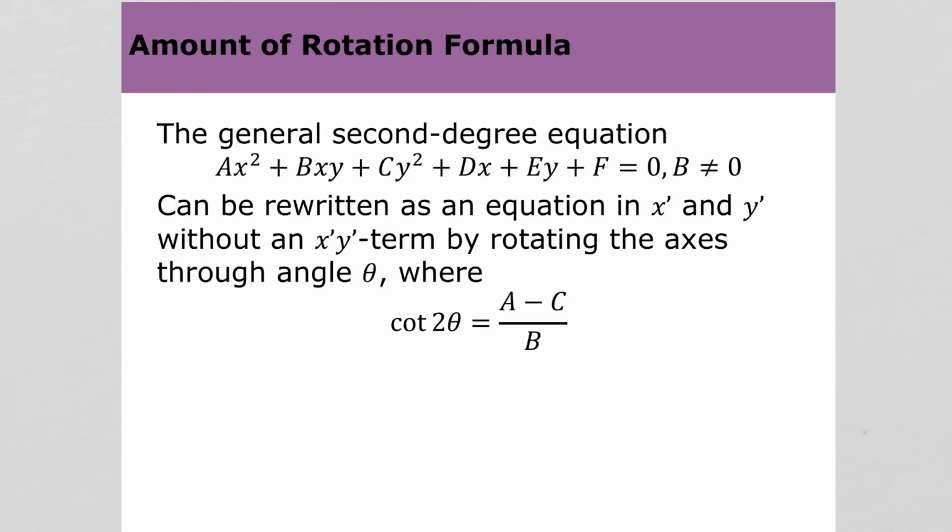We find it using cotangent of 2 theta equals A minus C over B. There's our B. So now our equation is ax squared plus bxy plus cy squared plus dx plus ey plus f equals 0.